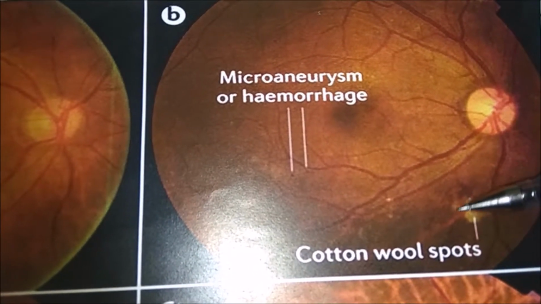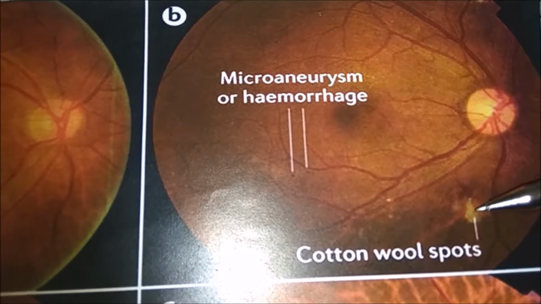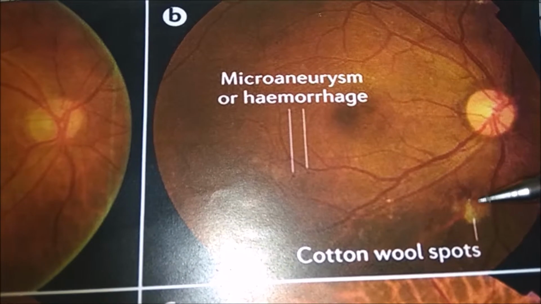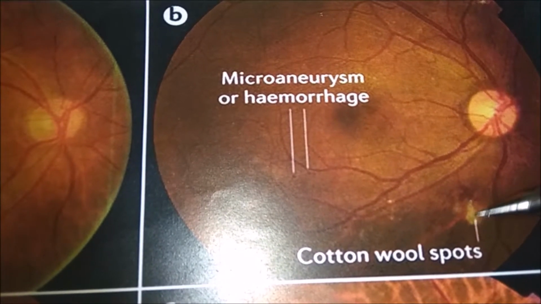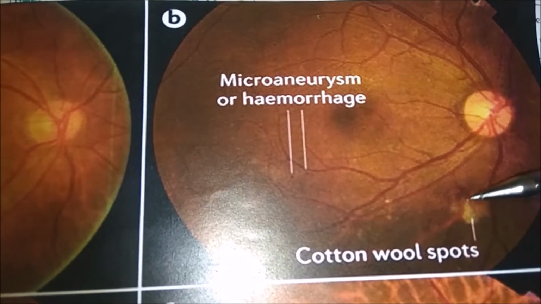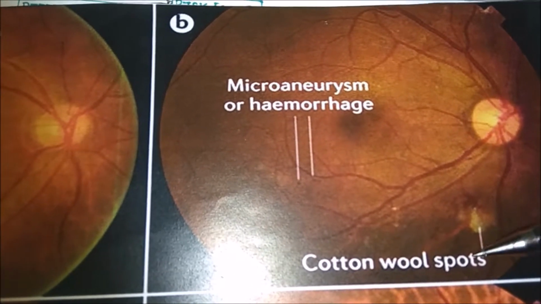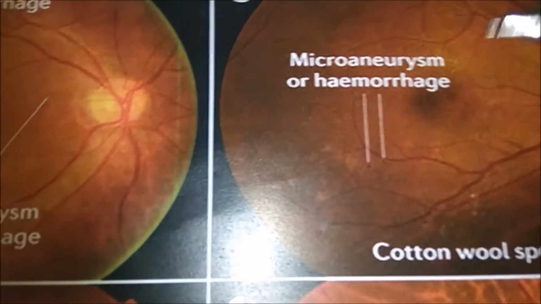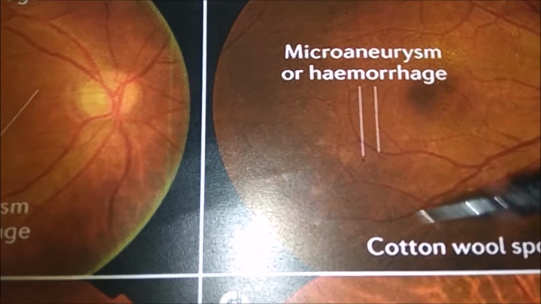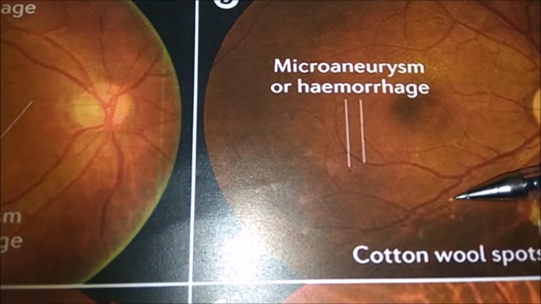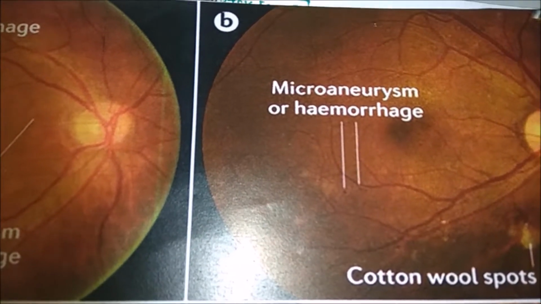So now the second picture over here is actually a moderate non-proliferative diabetic retinopathy. Here we can see cotton wool spots. If you see, it's more whitish and the margins are not distinct, it's blurry, and it looks similar to cotton wool. That's why its name is cotton wool spots. And here also we have a few microaneurysms and hemorrhages, and also small exudates over here.